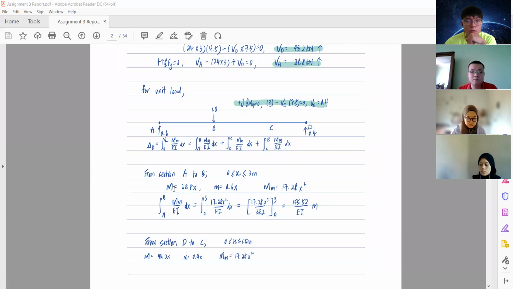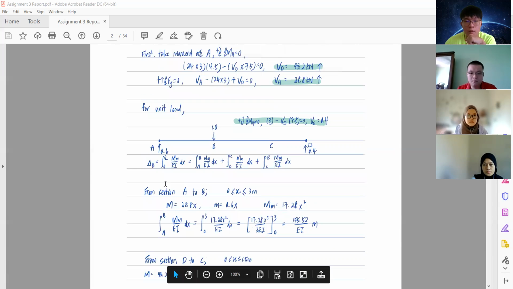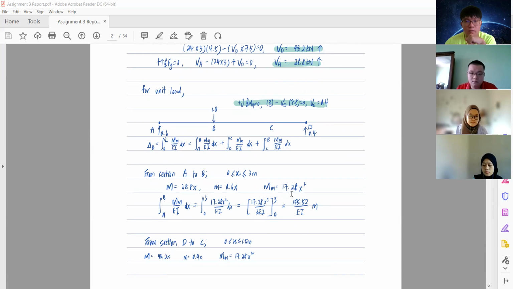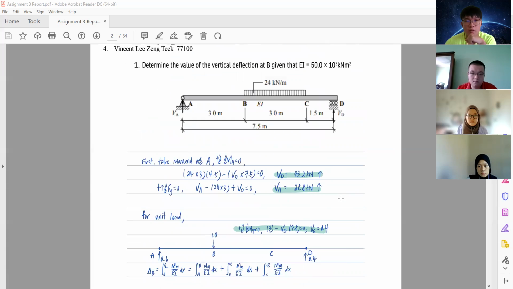The moment for the real beam is 28.8x, and the moment for the virtual beam is 0.6x. We get these two from this diagram and this diagram. Multiplying the moments, we get 17.28x squared, and we substitute into this equation. EI is a constant.